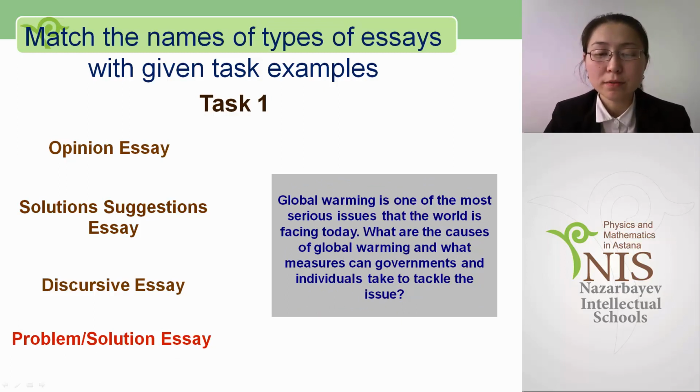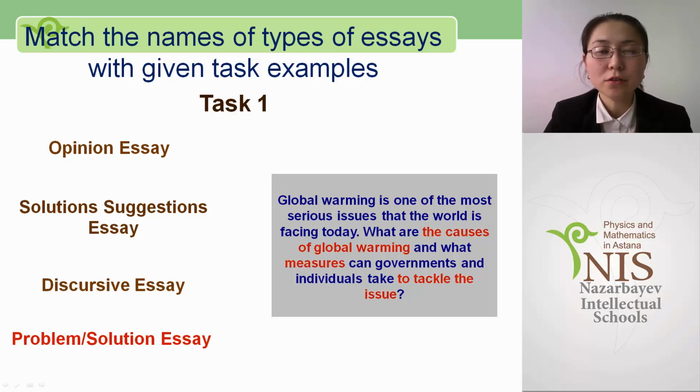The next one is the essay about global warming. Here is a task and here is a type. It is problem solution. You know that global warming today is one of the main problems across the globe.